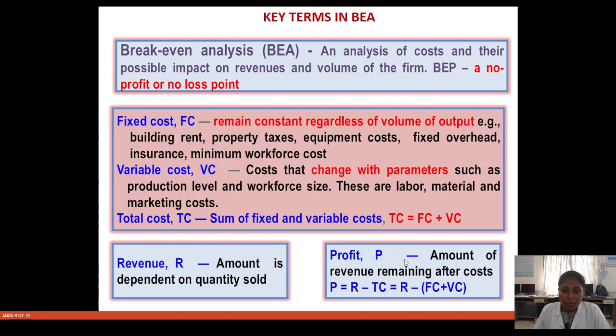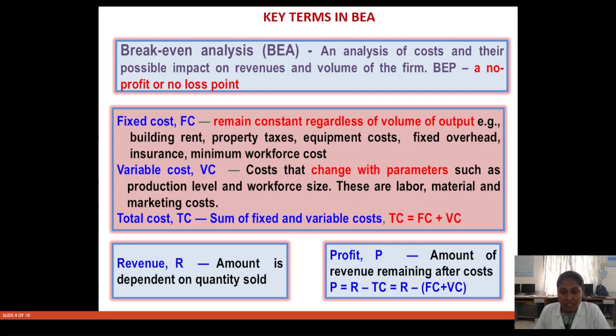And next one, profit. Profit is nothing but your revenue minus total cost. Revenue is the total amount you are getting out of your total product sold, and the total cost is your total spent cost, that is raw material cost, labor cost, etc. We subtract it, and the remaining amount will be your profit.